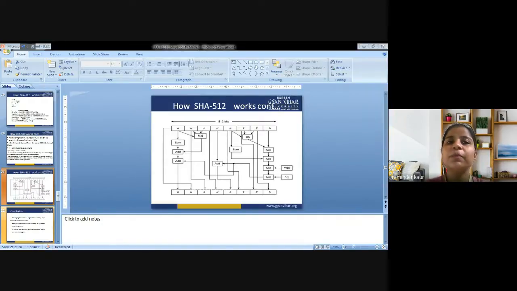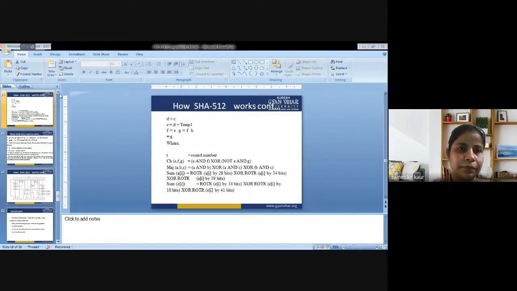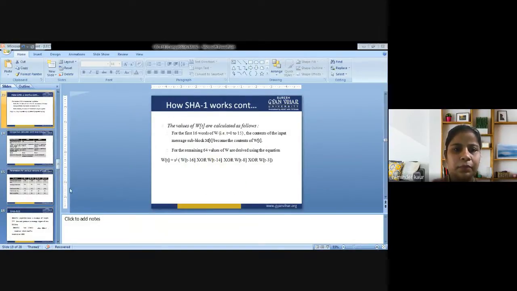In addition, we are supposed to run the loop. Five registers are there, and we are supposed to initialize them. Then we add the chunk's hash to the result so far. So in the end, we will be deriving the value that we have discussed in the formula, like this one. That was here. This one. So in that manner, it works.